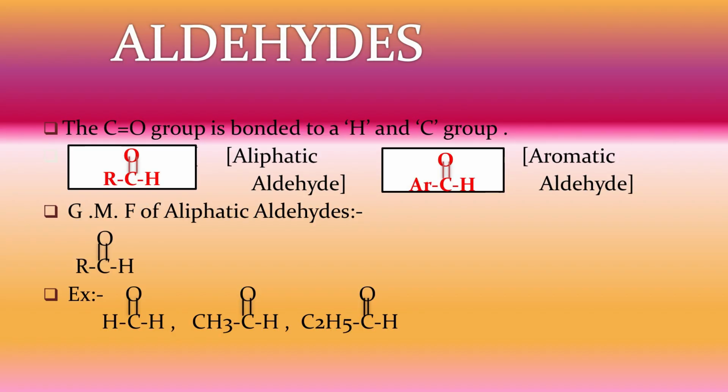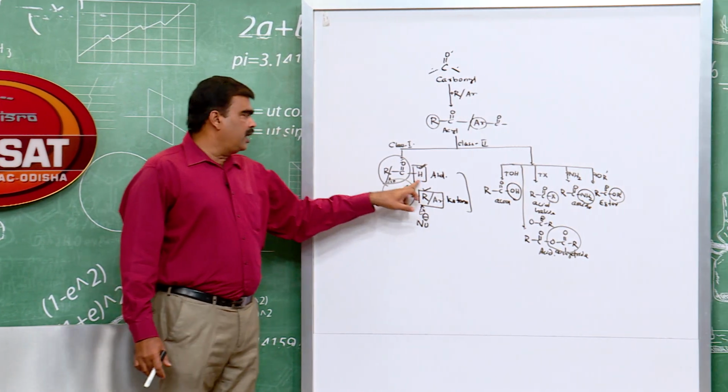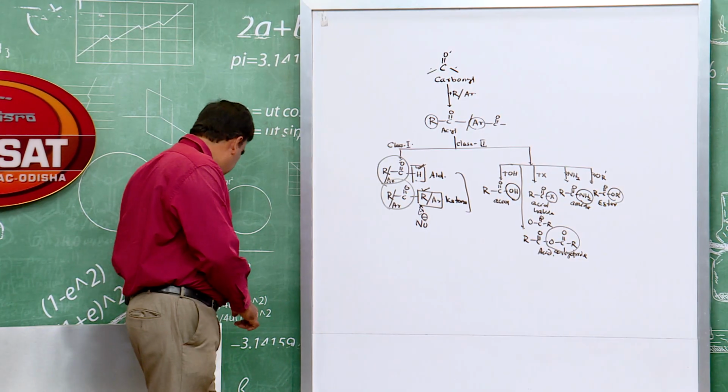So aldehydes, what are aldehydes? Aldehydes are the class of organic compounds, the carbonyl compounds C double bond O, to which there is a hydrogen atom at one side and an alkyl or aryl group at the other side. So hydrogen must be present at one side and an alkyl or aryl group on the other side, right.